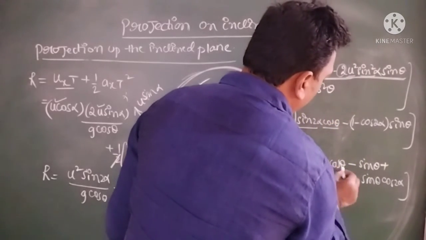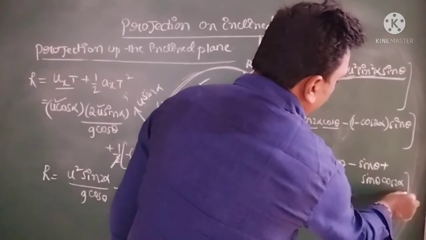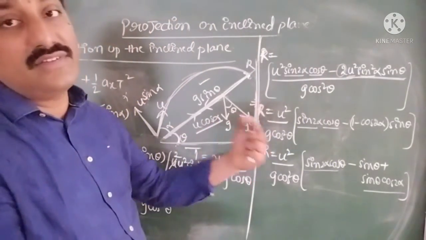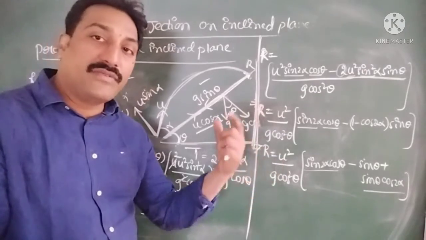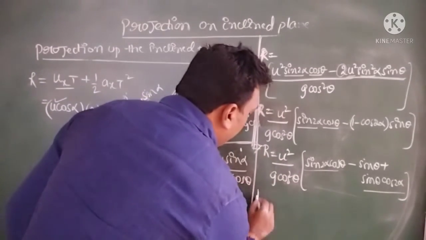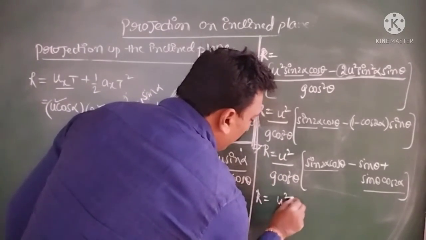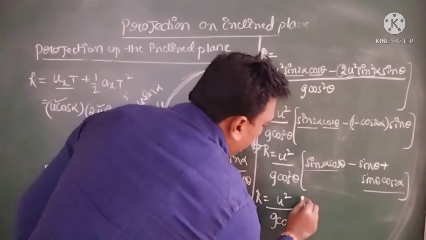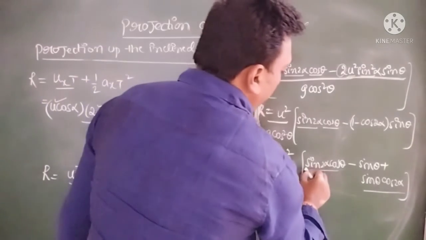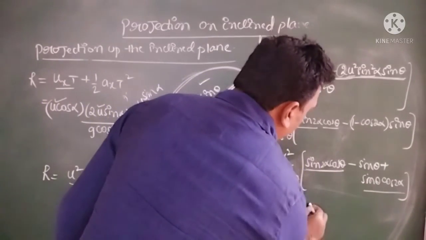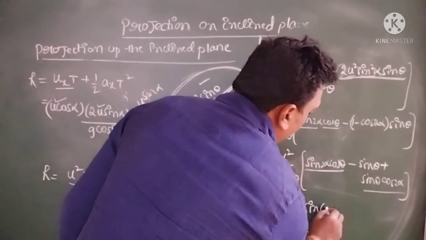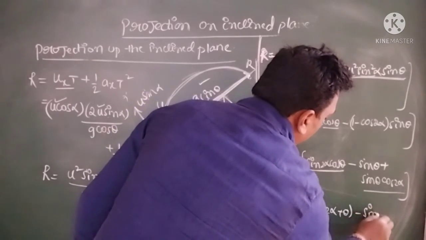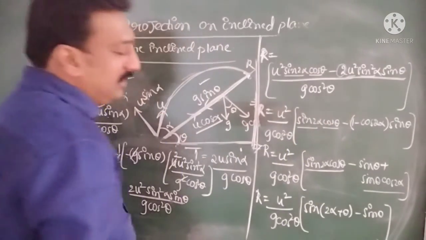We know sin a cos b plus cos a sin b can be written as sin of a plus b. So R will be u square divided by g cos square theta followed by sin of 2 alpha plus theta minus sin theta. This is the value of the range.